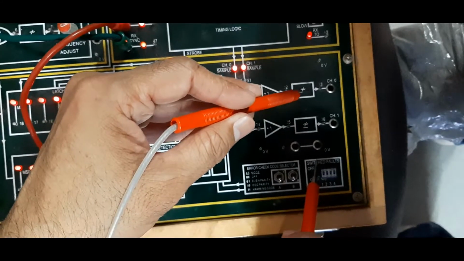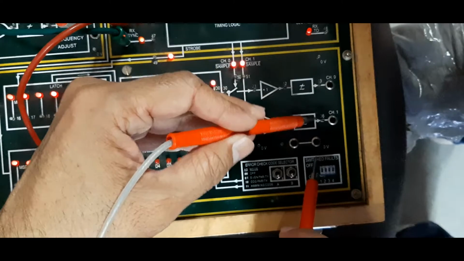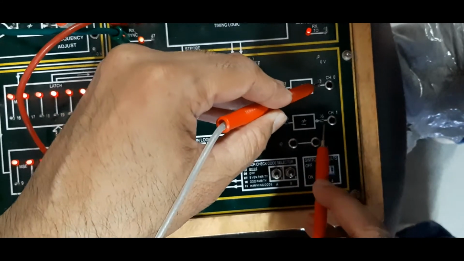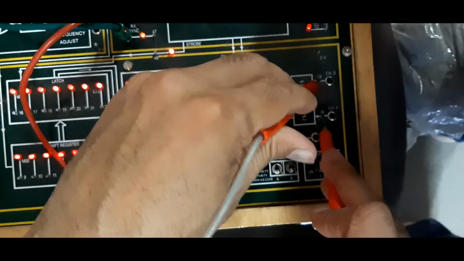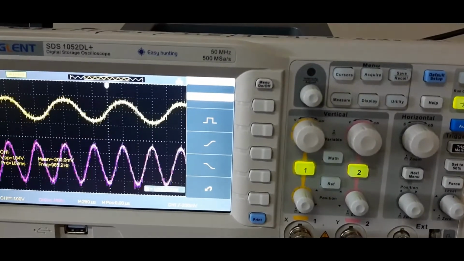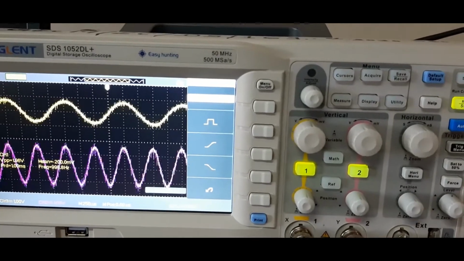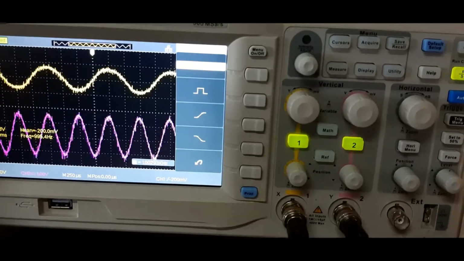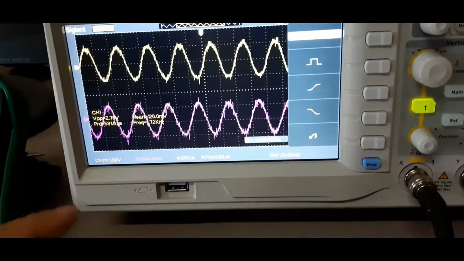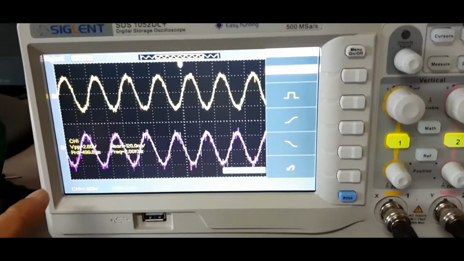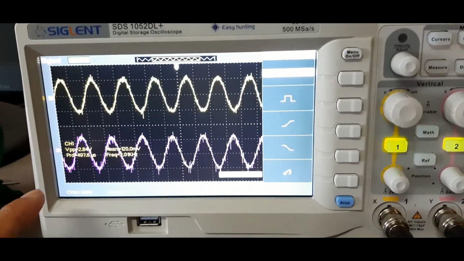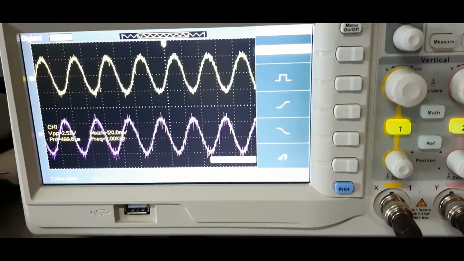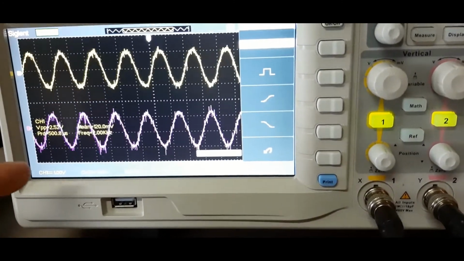This one separates the 1 kilohertz signal, and this one separates the 2 kilohertz signal. So we can see that the 1 kilohertz signal is shown in yellow. We can see the 2 kilohertz signal being received, shown in yellow with reference to the original signal from the source.